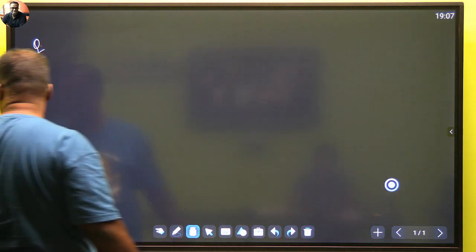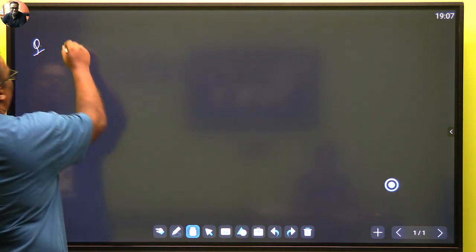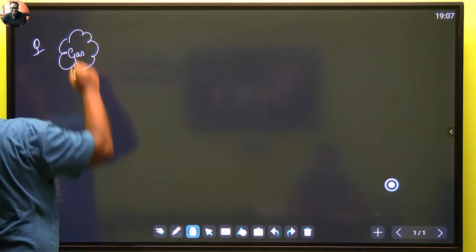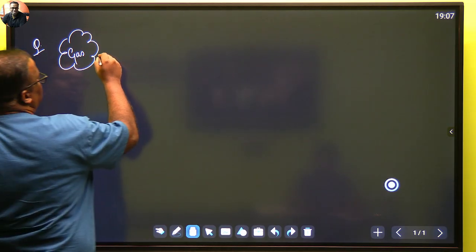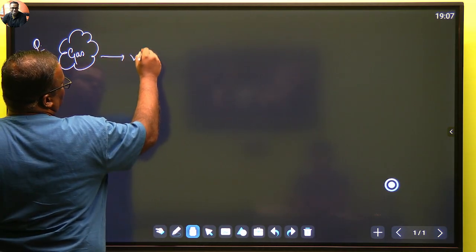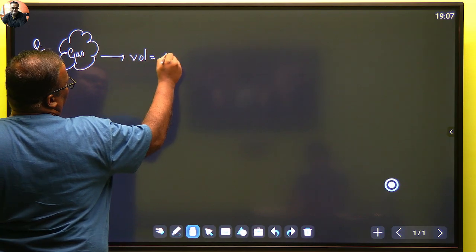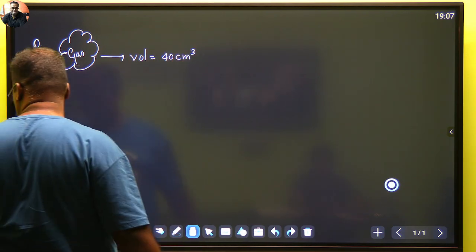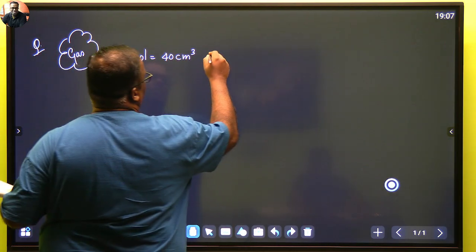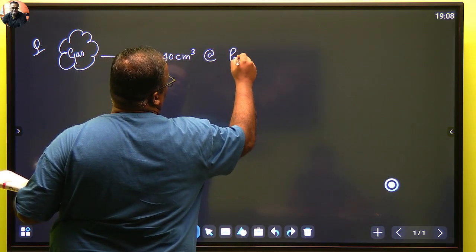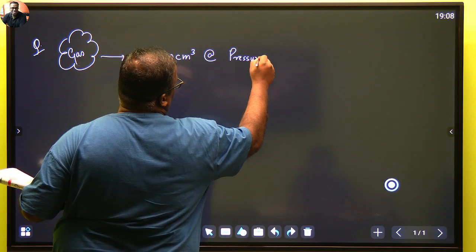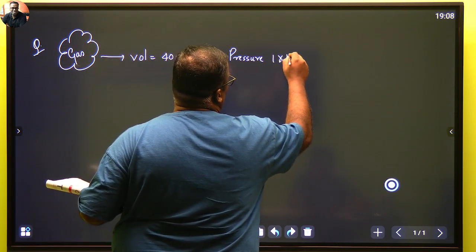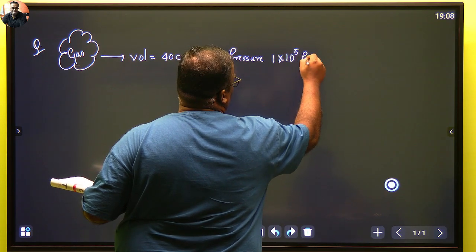My first question is a certain quantity of gas. So I have a certain quantity of gas, and this gas has a volume of 40 centimeter cube at a pressure of 1 into 10 to the power 5 Pascal.